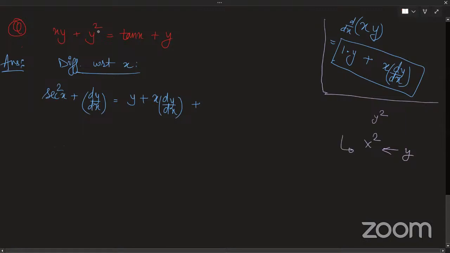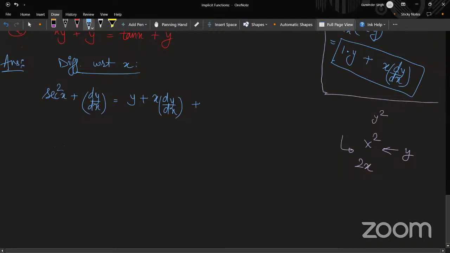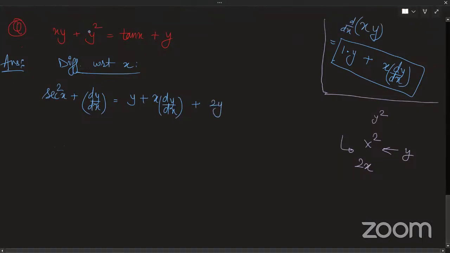I start from the outermost side. I get x square. I differentiate x square. I get 2x. So what will be the first term that I write over here? 2y. And what about my next term? Y dy by dx. Great. Chain rule, right?